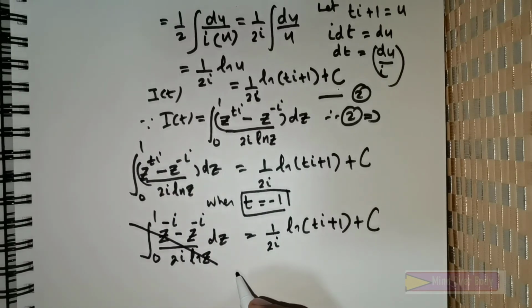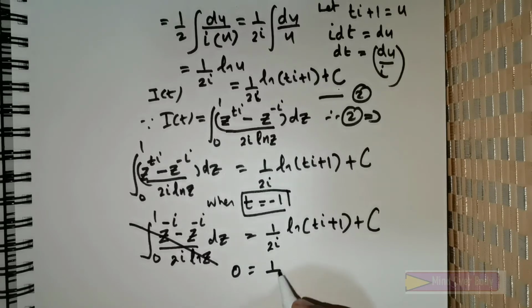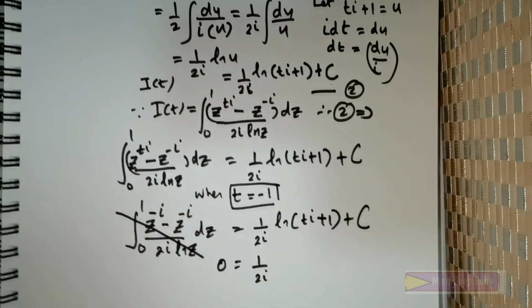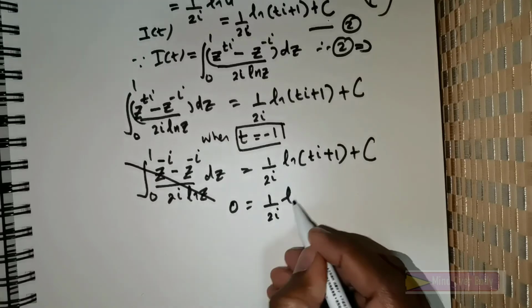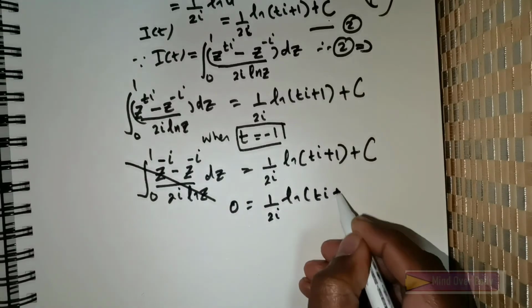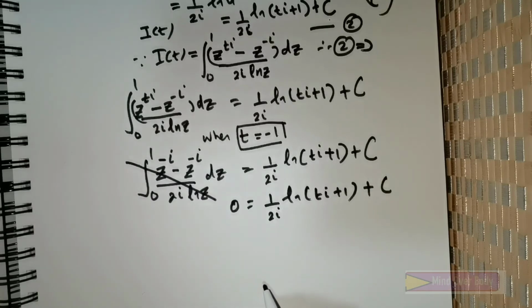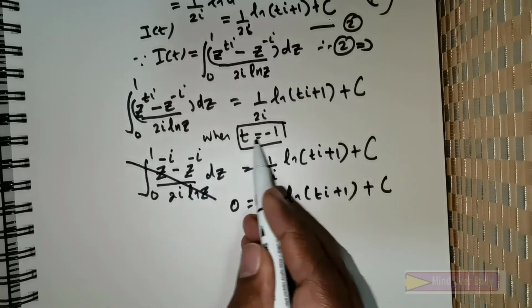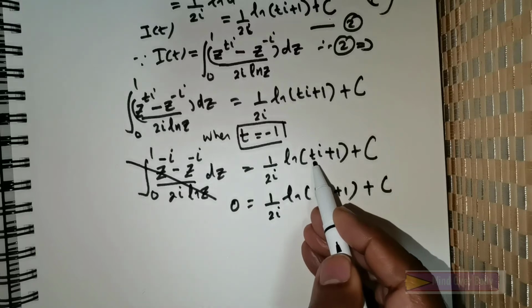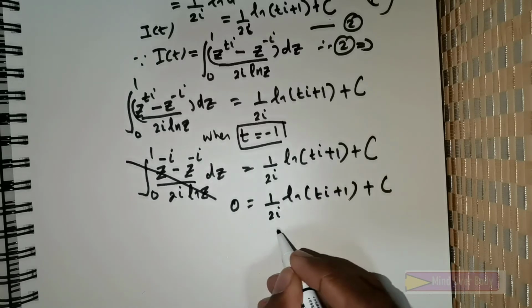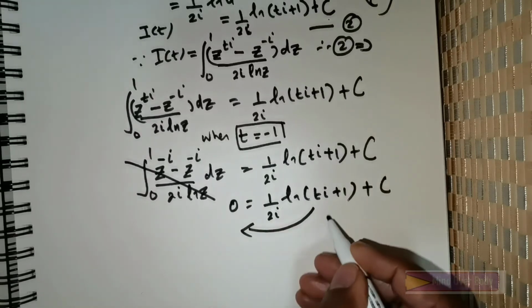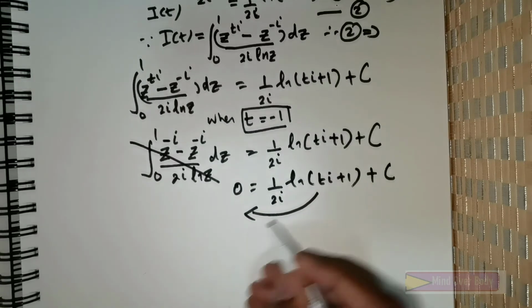So that means I've got 0 is equal to 1 over 2i ln of (t i + 1), plus c. Now, I have taken t equal to negative 1, so I need to make the substitution t equal to negative 1. I would move it here and place t equal to negative 1.